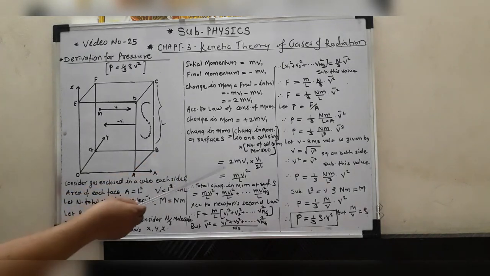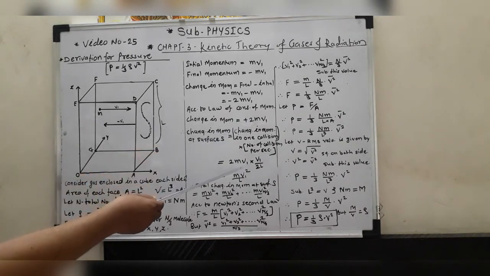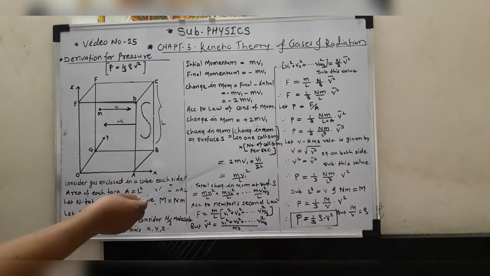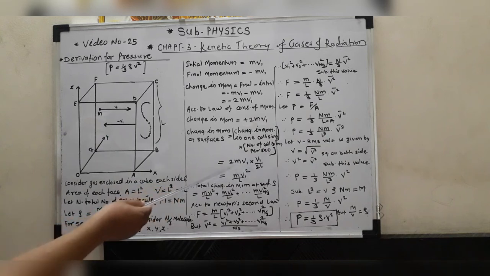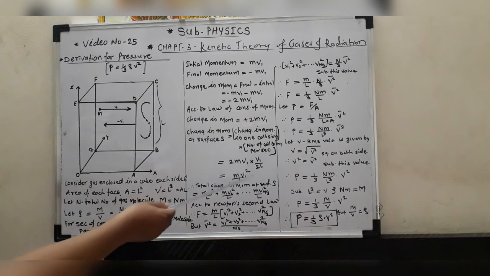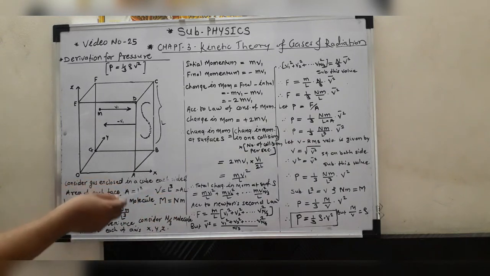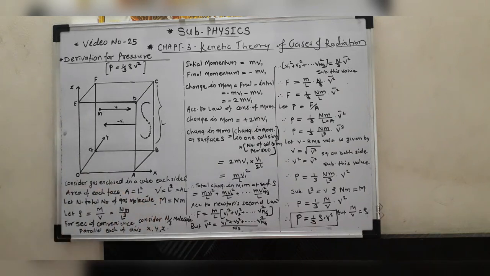Substituting, the change in momentum in one collision is twice mv1, and the number of collisions per second is v1 upon twice L. Therefore the change in momentum at the surface S is twice mv1 into v1 upon twice L. The twos cancel, and we get m v1 square upon L.